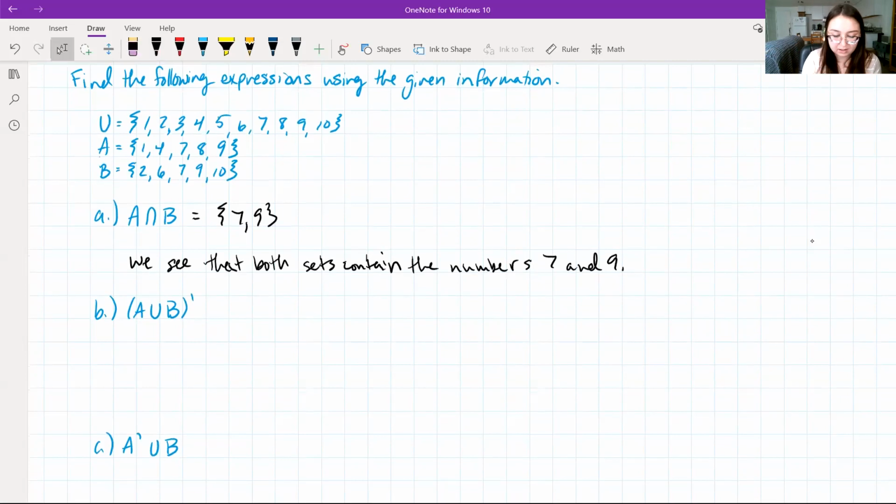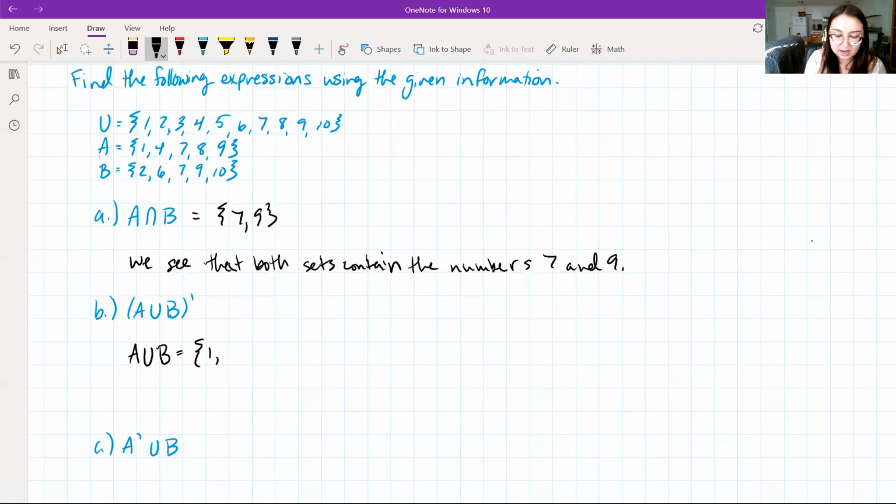So we have A union B. If we take A union B, we know that this just means every element that's in A, every element that's in B, and every element that's in both. So we can just start writing values. So we see 1 is in A, and we want to write this in order. Just makes it easier.